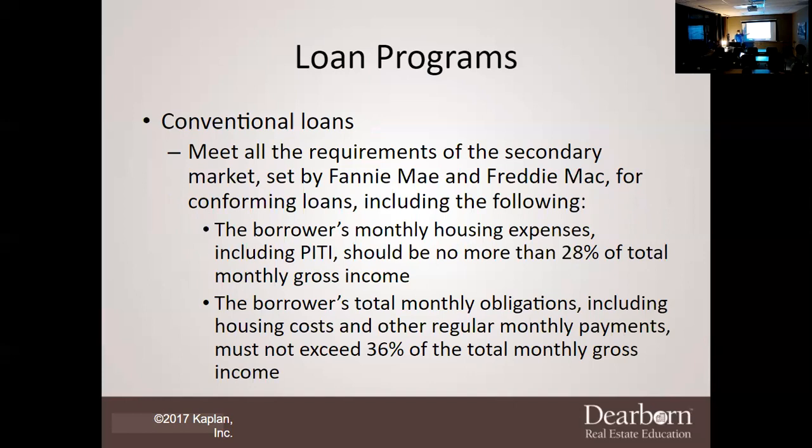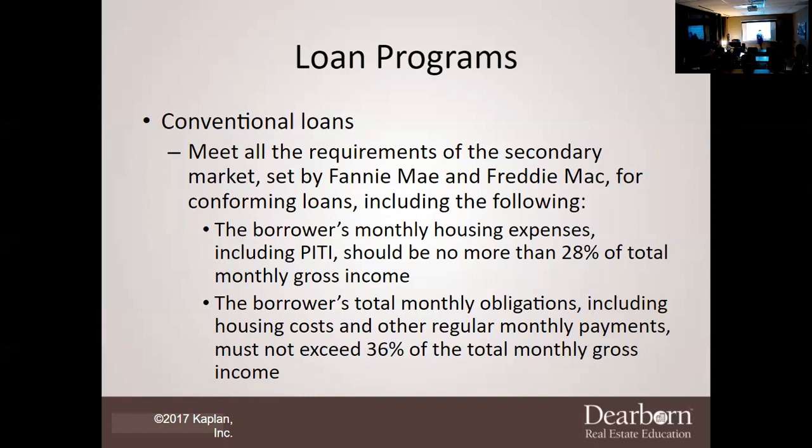And we're also going to include these following bullets: the borrower's monthly housing expenses, including the PITI, should be no more than 28% of the total monthly gross income. So your mortgage should be no more than 28% of your gross income, not net, for you to get the loan.